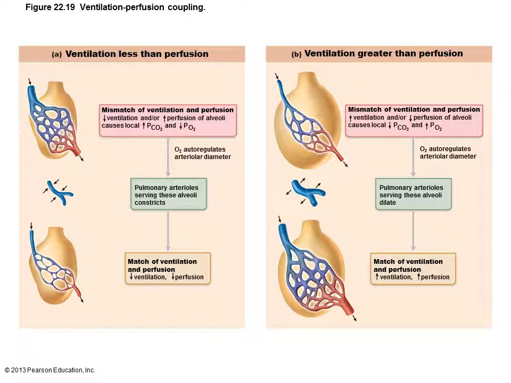Where alveolar O2 is high, arterioles dilate. Where alveolar O2 is low, arterioles constrict, directing most blood to where alveolar oxygen is high. Changes in PCO2 in the alveoli cause changes in the diameter of bronchioles. Where alveolar CO2 is high, bronchioles dilate. Where alveolar CO2 is low, bronchioles constrict, which allows easier elimination of CO2.